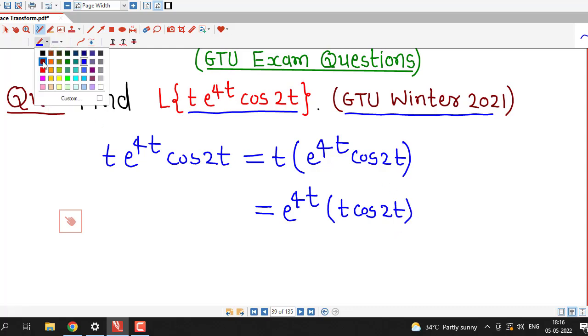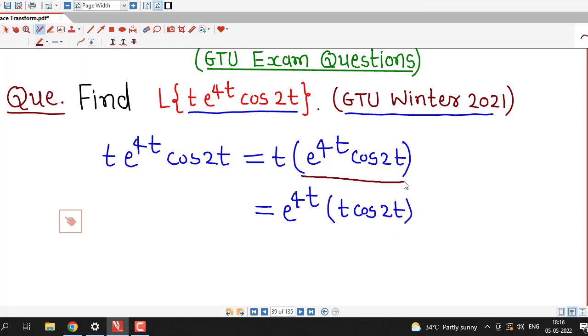If we write it in this way, first we find the Laplace transform of e raised to 4t cos 2t, and then we use the formula for multiplication by t raised to n. To find the Laplace transform of this function, we use the first shifting theorem, or we can find the Laplace transform of t cos 2t, and then use the first shifting theorem.